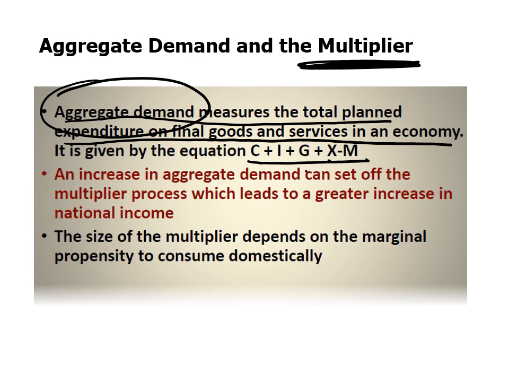But with our multiplier, we can increase the economy by more than the amount we put in. The size of the multiplier depends on the marginal propensity to consume domestically. You can go to my previous video on the multiplier in microeconomics to get this concept more intuitively. It's on a bigger level, but it's the same concept.